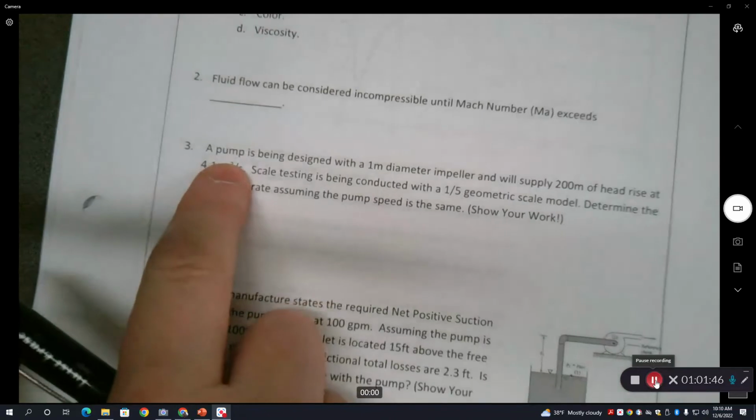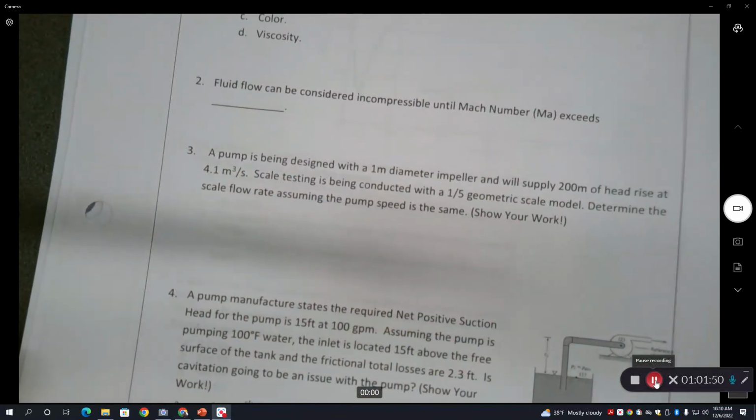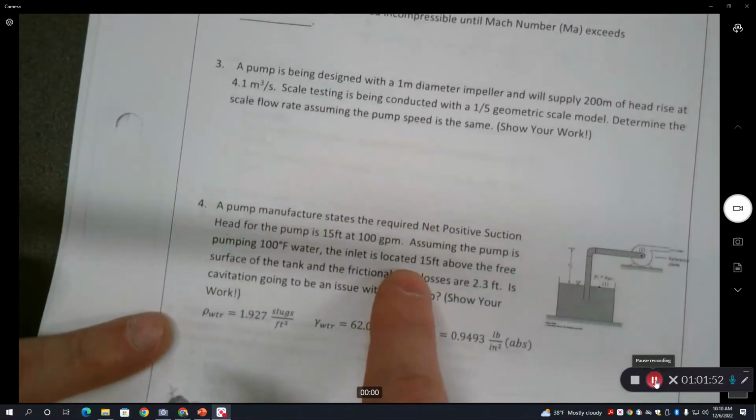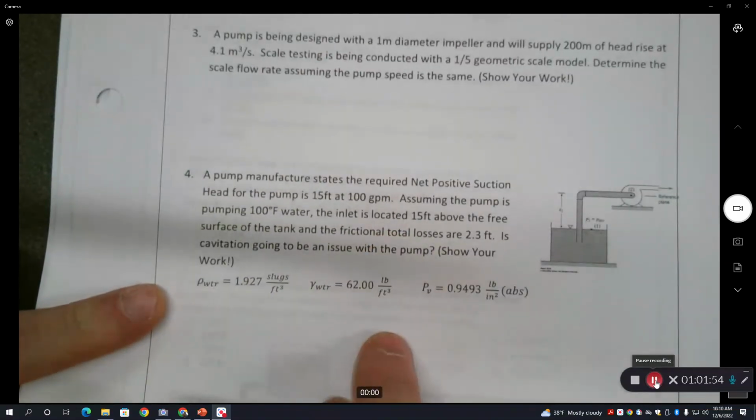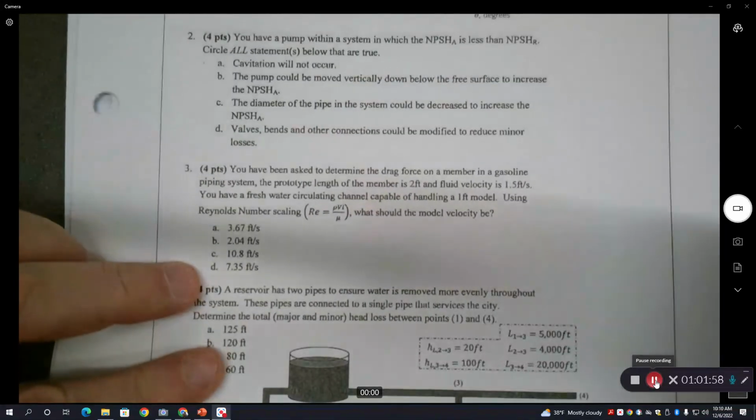But here's a pump modeling one, to show you where it's a net positive suction head problem. Can you do something with cavitation?